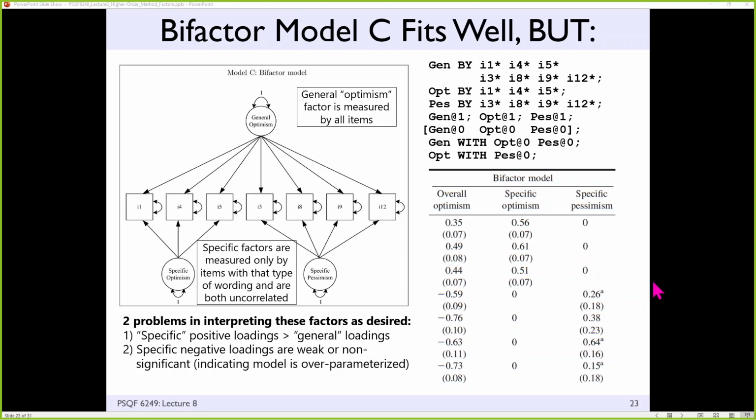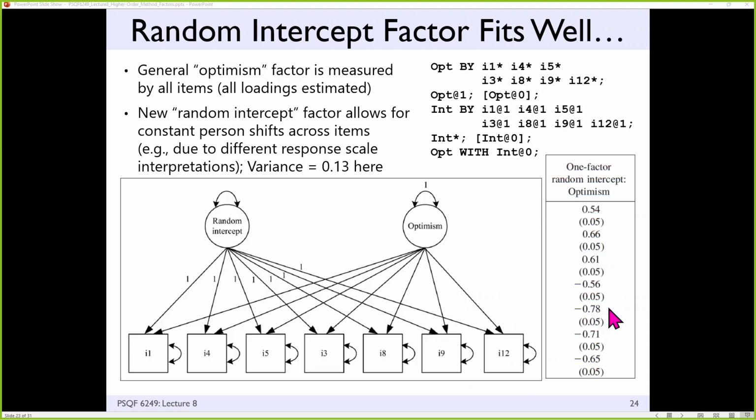If you have a factor that is supposed to be positive wording, and some of the items load positively and some of them load negatively, it can't be positive wording then. It's got to be something else. So this model is over-parameterized. It has too much stuff in it. That's what that means. So they came up with an alternative.